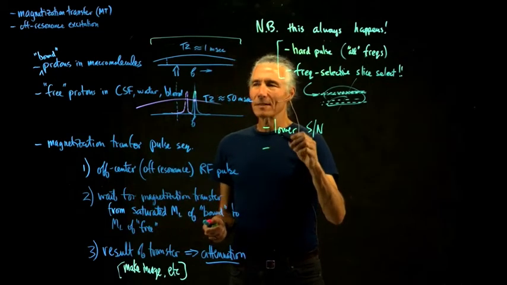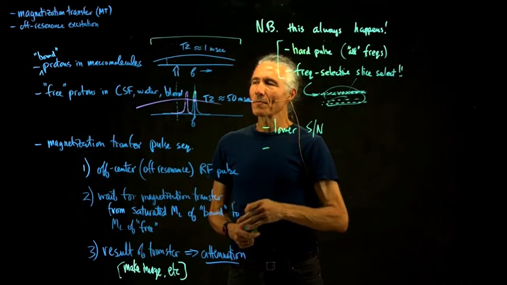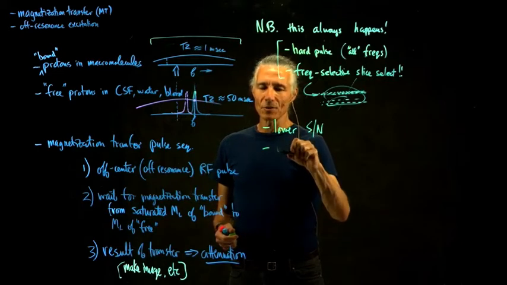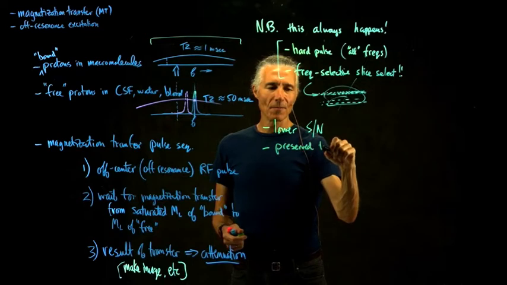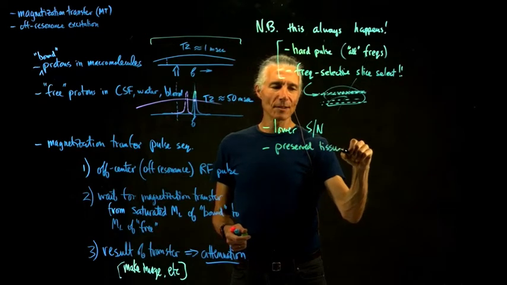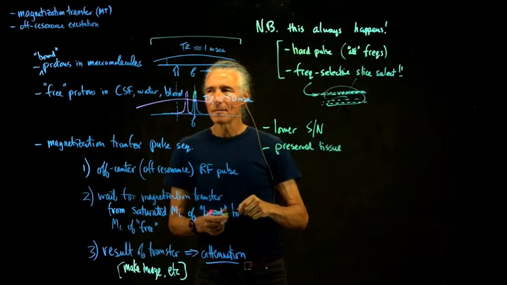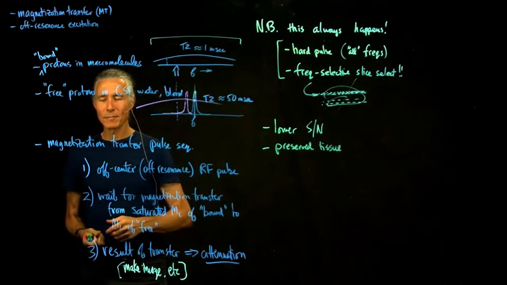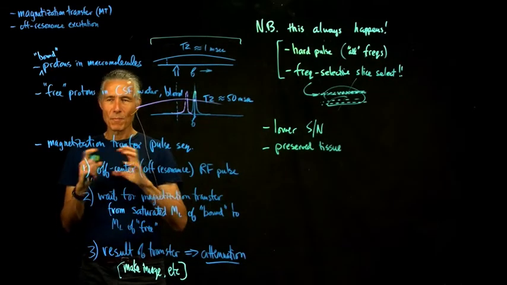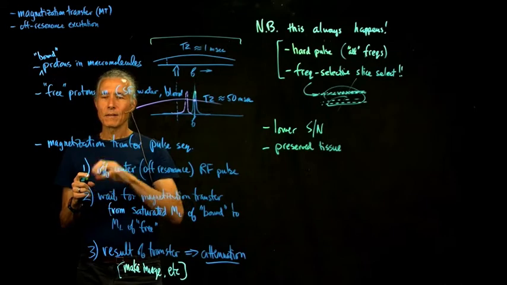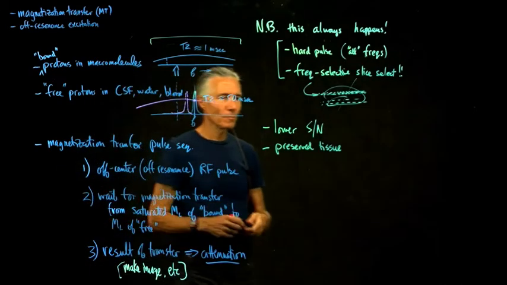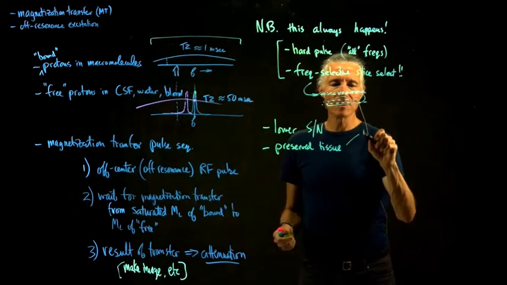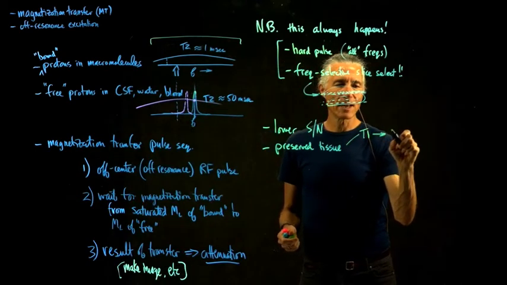One of the things you can do with MRI is to look at preserved tissue. If you look at preserved tissue, it turns out the magnetization transfer weighted images give you tremendous contrast in preserved tissue. If you look at T1 in preserved tissue, it's almost flat.